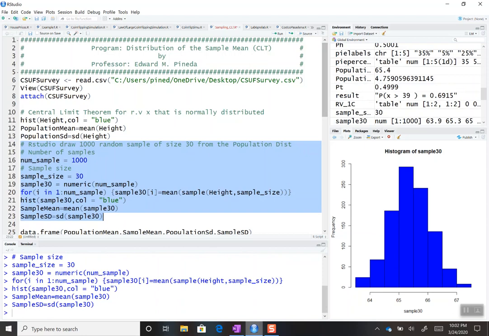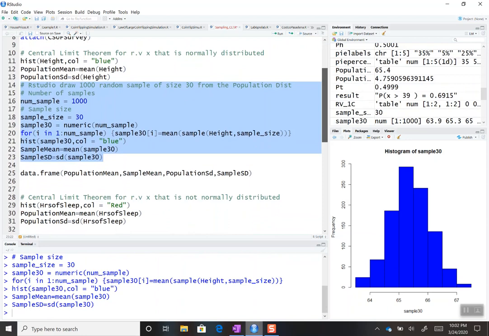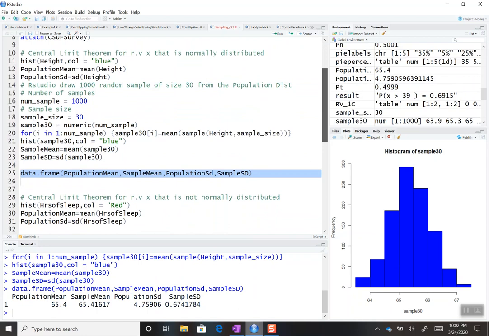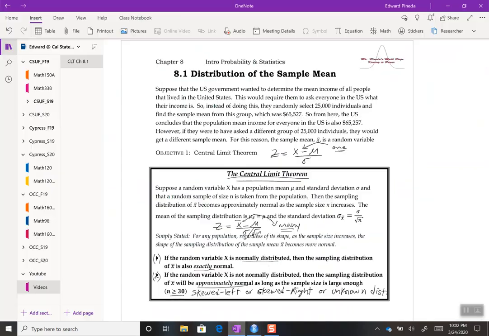Another thing you can emphasize here is that when you have a sample and a population, the population mean and the sample mean are going to be the same. What we're saying is that mu of x bar equals mu, the population mean. As you take a larger sample, the mean stays the same.